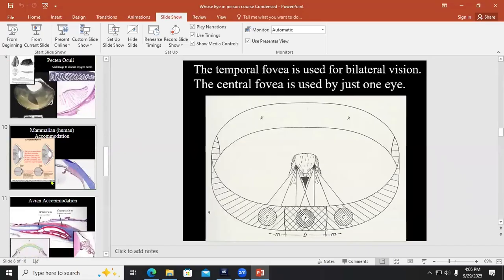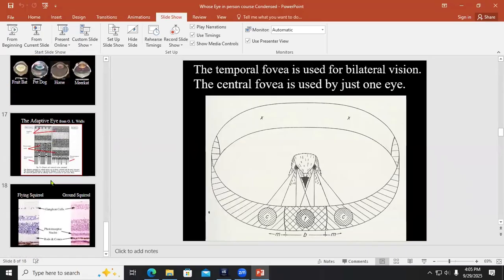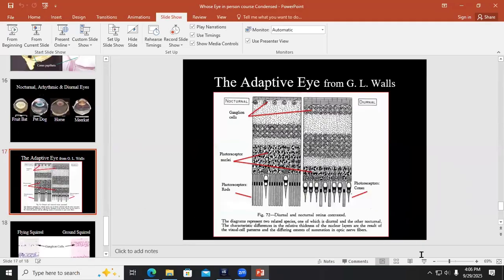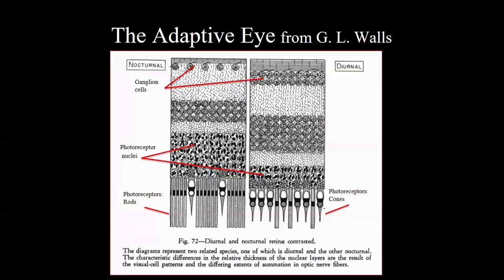Go to this, and then the very last one. So this is from that book that I showed you, Wall's The Vertebrate Eye and Its Adaptive Radiations, and it's an illustration of the retina from a nocturnal animal and a retina from a diurnal animal.